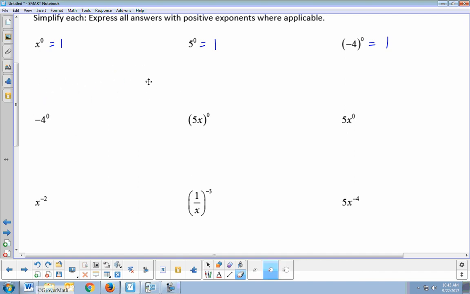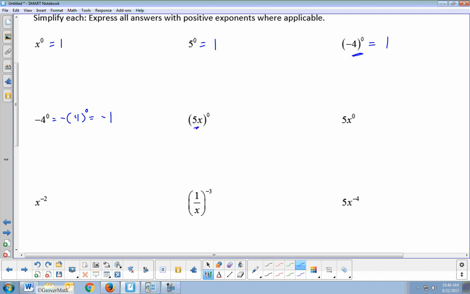So this type of question is almost like negative and then 4 raised to the 0, because there are no parentheses around it like we have here. So 4 to the 0 is 1, and then the negative makes it negative 1. So here's where you get a negative 1: if a negative base is not in parentheses.